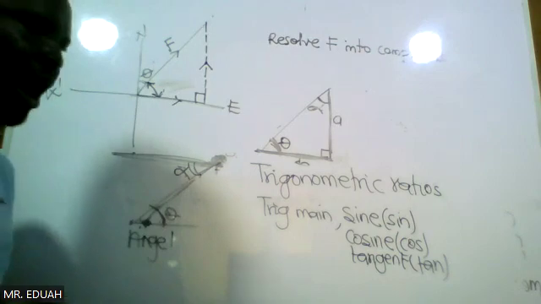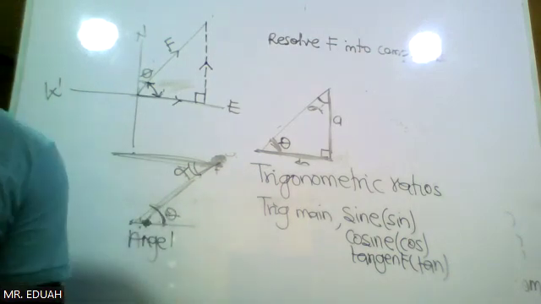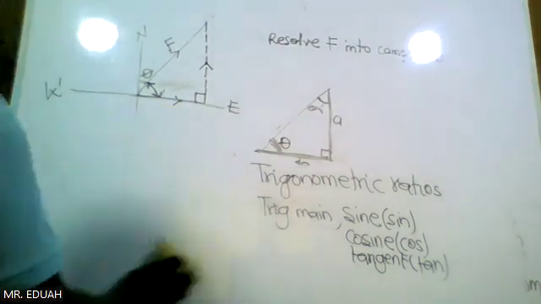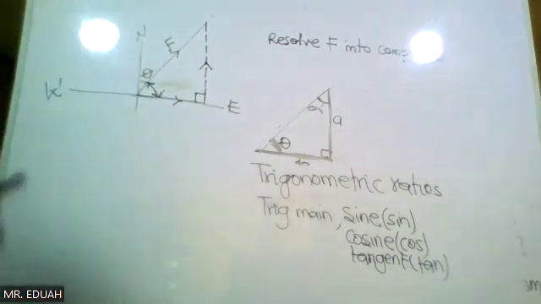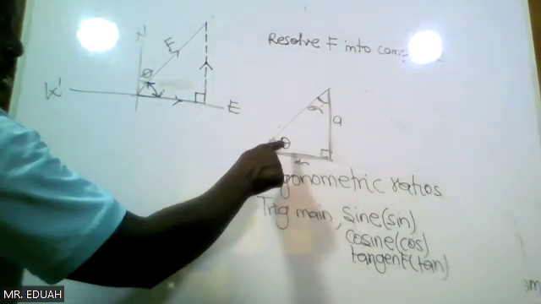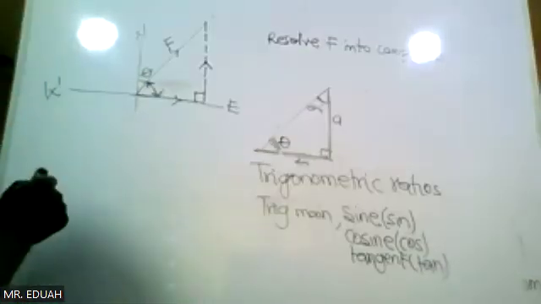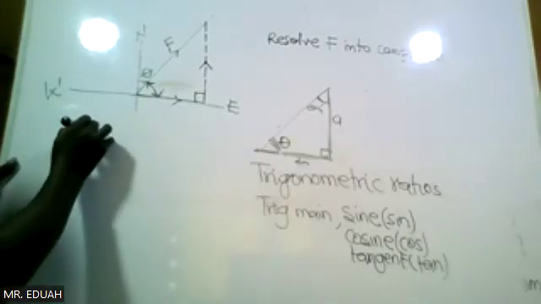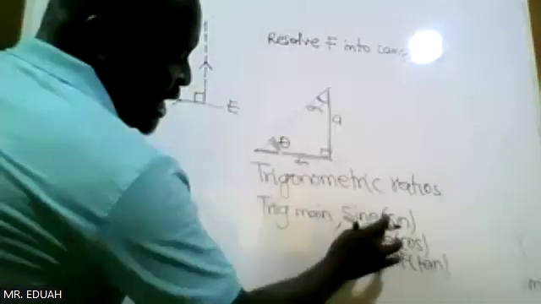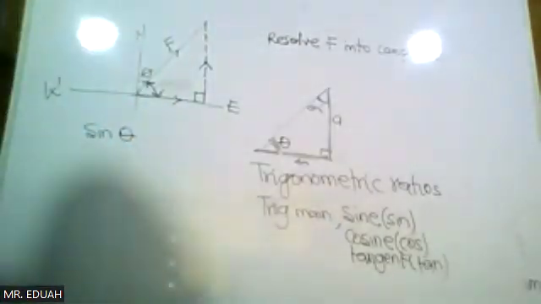They are all applied to the angle. So if I'm to find the trig ratios of this angle, theta and alpha, sine theta, the sine, the cosine, the tangent goes with an angle.